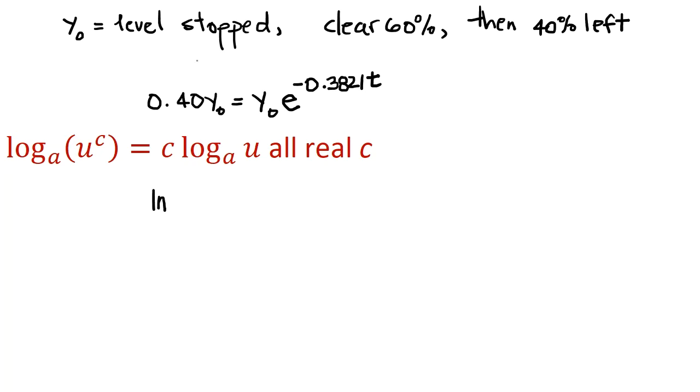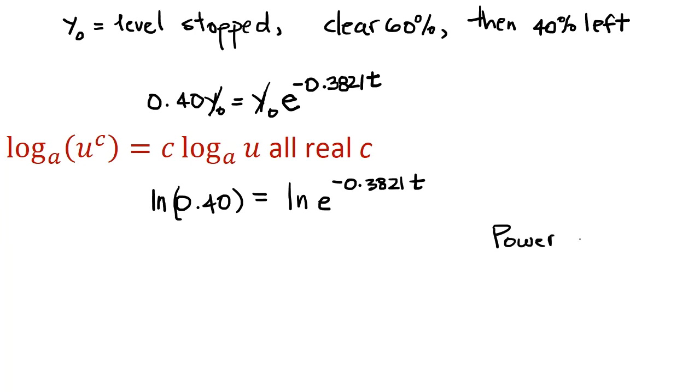And of course, we'll notice that if we divide both sides by y0, we have 0.40, so we have the natural log of 0.40 equals the natural log of e to the minus 0.3821 t. And now, by the power rule, so we'll notice we're going to apply this power rule that we see in red there.